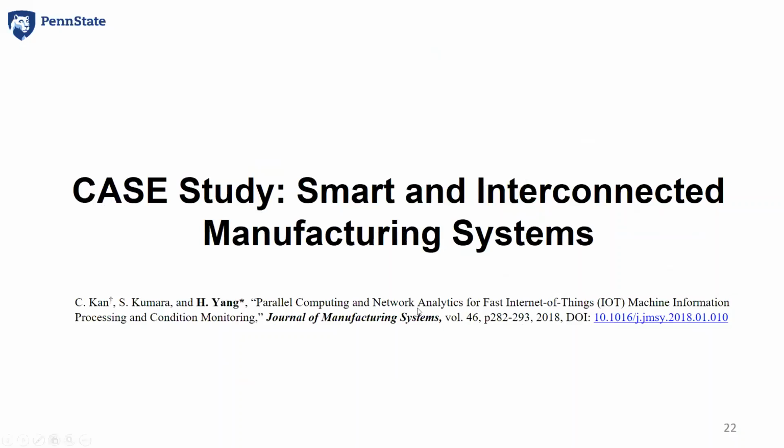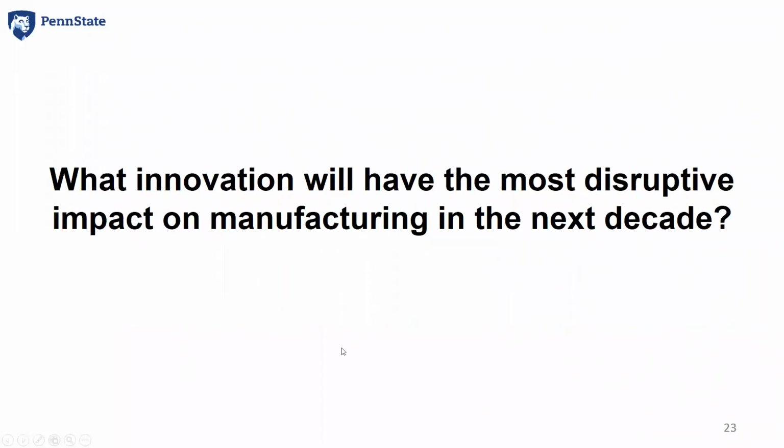Okay, now let's move on to the next case study on smart and interconnected manufacturing systems. This part of the talk is based on this paper published in the Journal of Manufacturing Systems. Before we dive into technical details, let me ask one question.